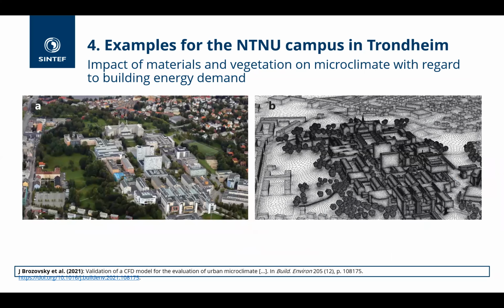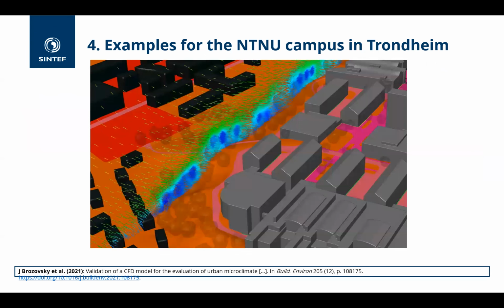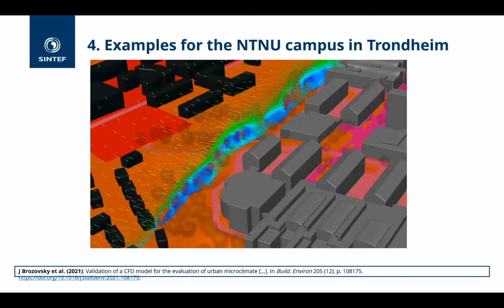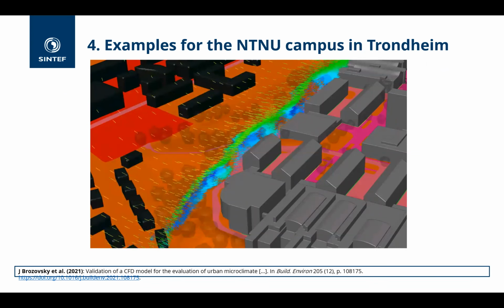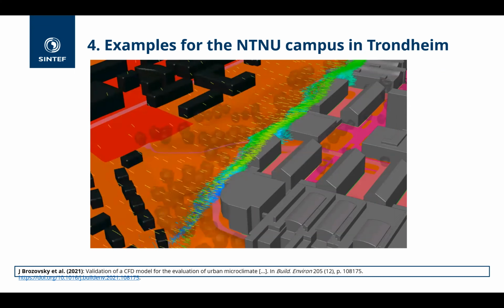When we zoom into this area, we can see that the geometrical detail in the center area is very high when you compare it to this aerial photograph. And even the trees are modeled with a quite realistic shape as well. And not only that, but we also considered how the air passes through the tree crowns: the wind is slowed down, turbulence is added, and the evapotranspiration from the vegetation is also cooling down the air.